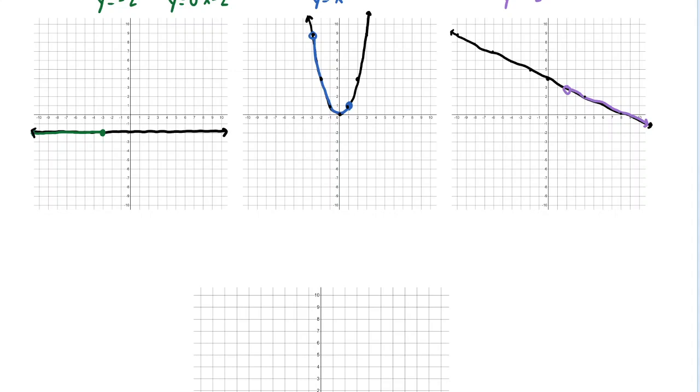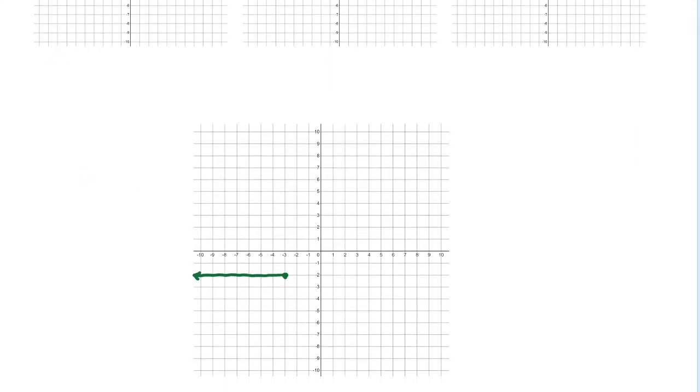And then our blue function, y is equal to x squared, well, we apply that function not at negative 3, but really everything afterwards up until this point 1, 1. So it looks something like this.